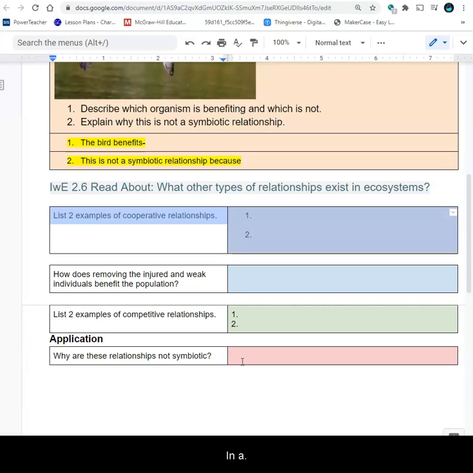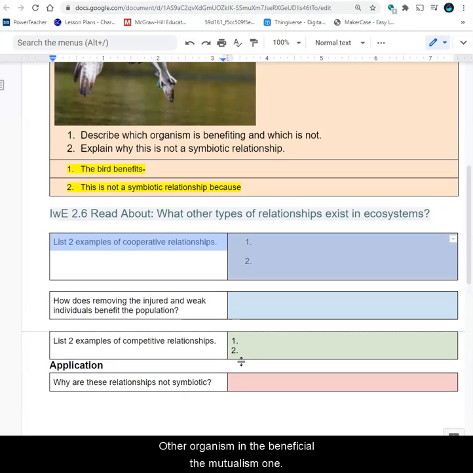In a commensalism relationship, the organism that doesn't benefit is continuously benefiting the other organism, and in the mutualism one, that is where the two species have an ongoing relationship where they both benefit.